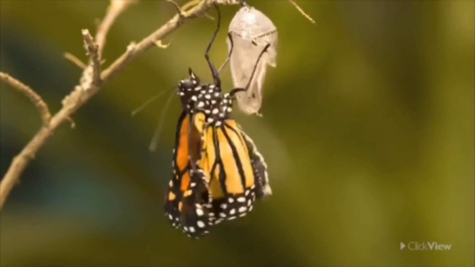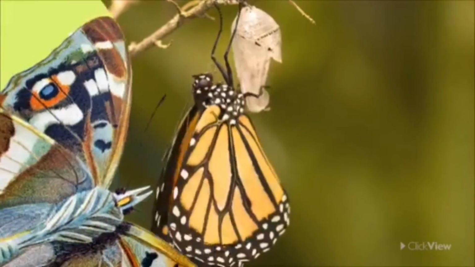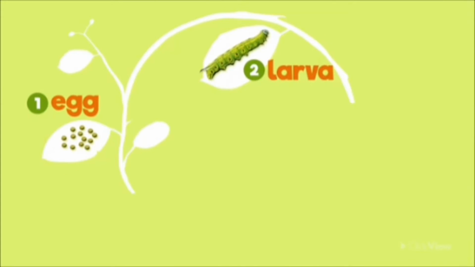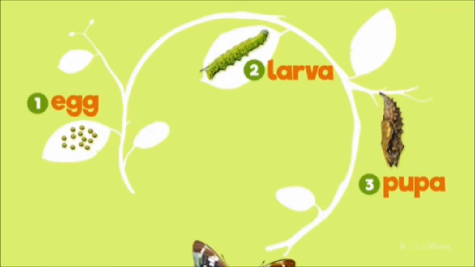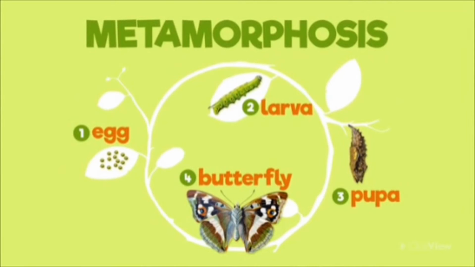It slowly comes out of its cocoon and spreads its beautiful wings, getting ready to take flight. Once it's ready, it will fly off and eventually lay its own eggs, starting the cycle all over again. As you can see, the caterpillar goes through a number of changes before it reaches the final stage of being a butterfly. This spectacular physical transformation is called metamorphosis. Metamorphosis is said to have occurred when an animal transforms from its young form into its adult form.